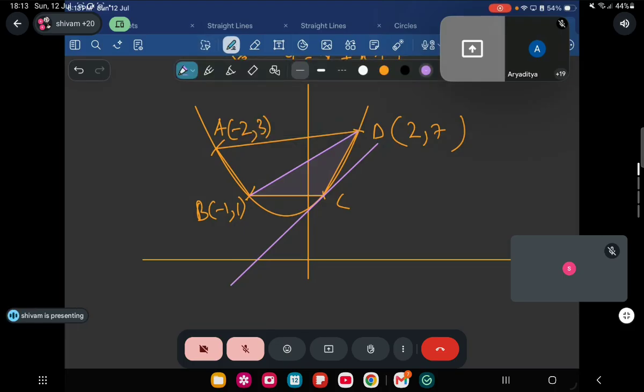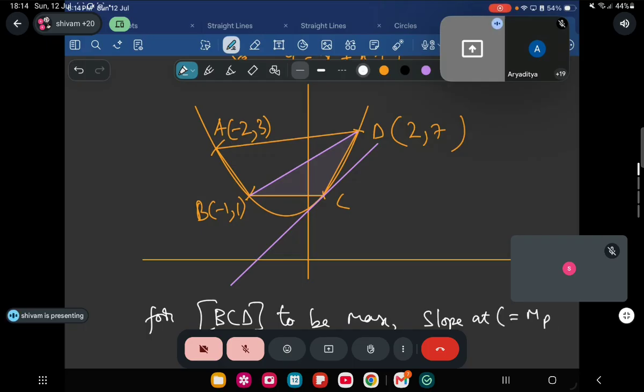Yes or no? Can you understand up to this much? Tangent at C. So this is what I can conclude. For area of triangle BCD to be maximum, okay, slope at C should be equal to slope of BD, right? Tell me, are you getting? This is what I am going to apply.